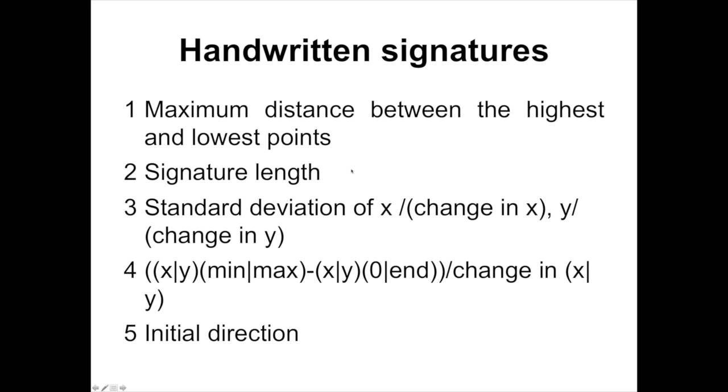How long is that signature on paper? What is the standard deviation of the change in X or the change in Y? The initial direction of the pen. We can also measure the pen ups, the pen downs, the speed of the pen. These are things that are very difficult for a forger to reproduce.